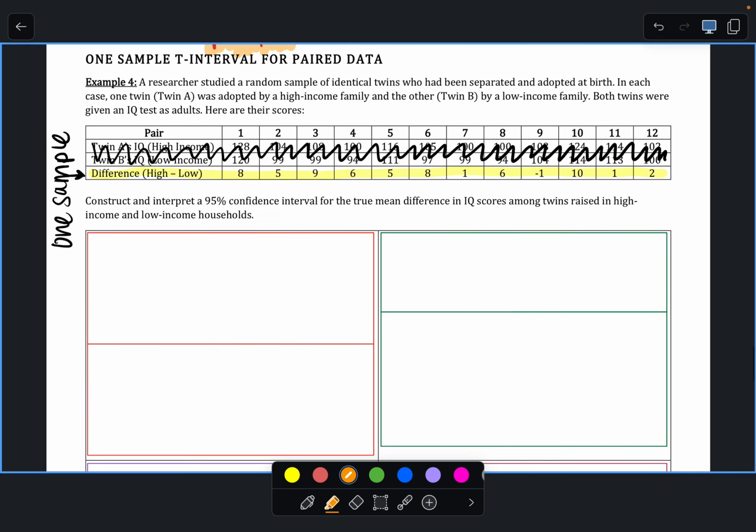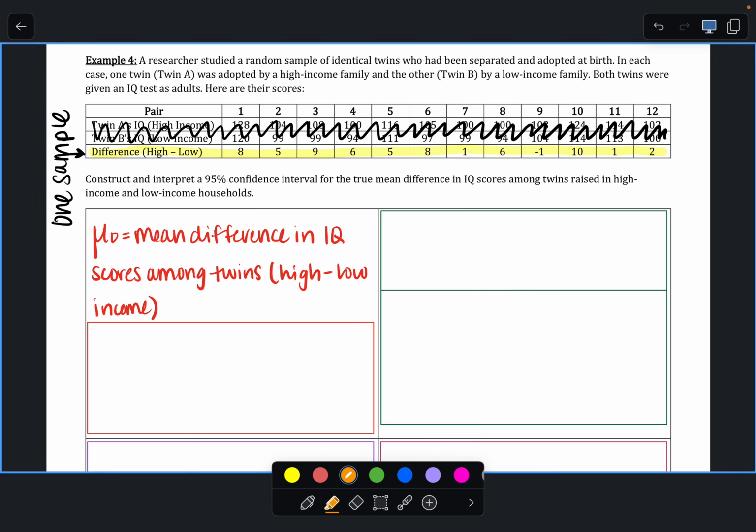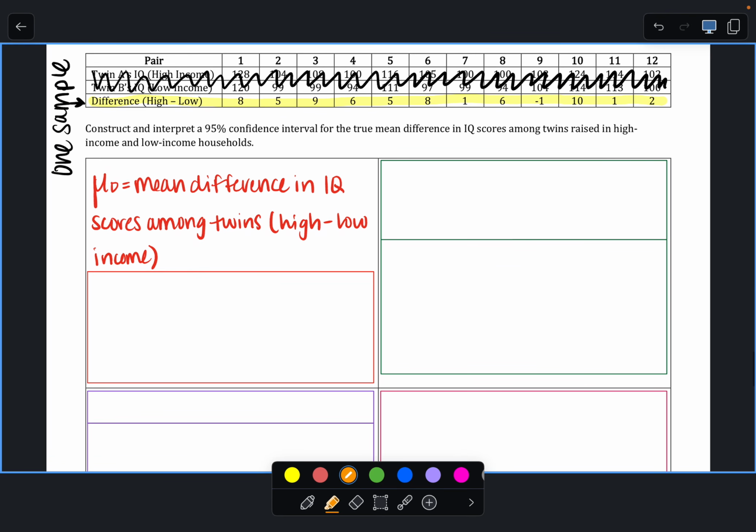So construct and interpret a 95% confidence interval for the true mean difference in IQ scores. I am going to take this one and do it solely in the calculator. So I'm not even going to show you how to calculate the t-star. I will tell you, if you are someone who wants to do it by hand, I know these data came from 24 identical twins, separated from each other.